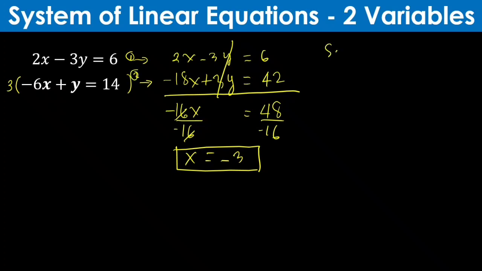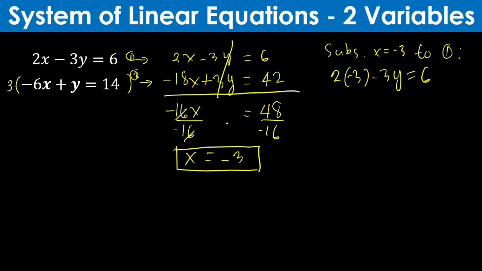So we substitute x equals -3 to equation. You select equation 1 perhaps. Okay, you can use equation 2 as well. So we have 2 times -3 minus 3 times y plus 6.